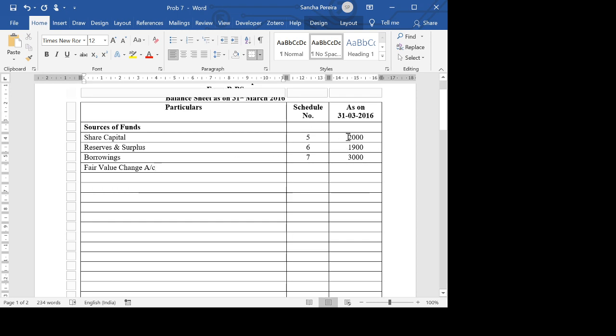All these balances this side, the share capital, reserves and surplus, borrowings, are they debit balances or are they credit balances? This is something you need to know. Can anyone tell me?